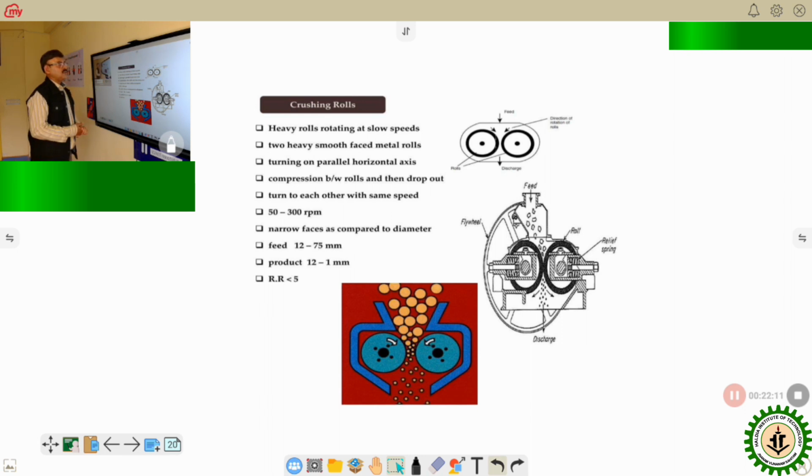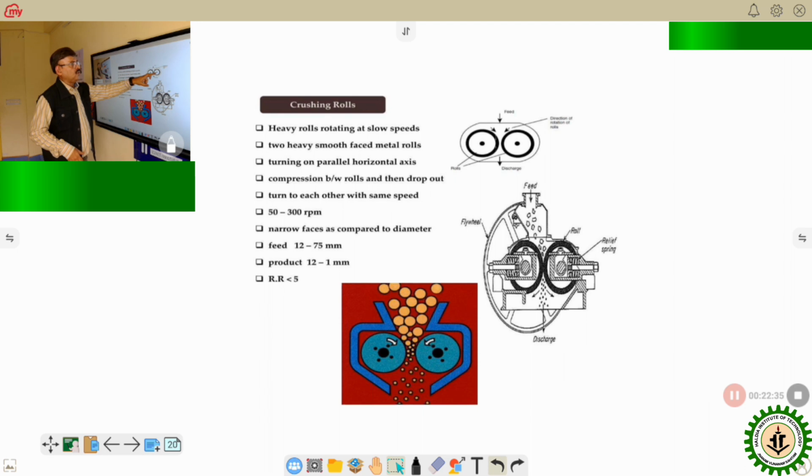This is crushing rolls. Crushing rolls mean two rolls are there, one rotating clockwise and the other rotating anti-clockwise. Actually, it is of two types. In one type you may keep one roller fixed and the other roller rotating.